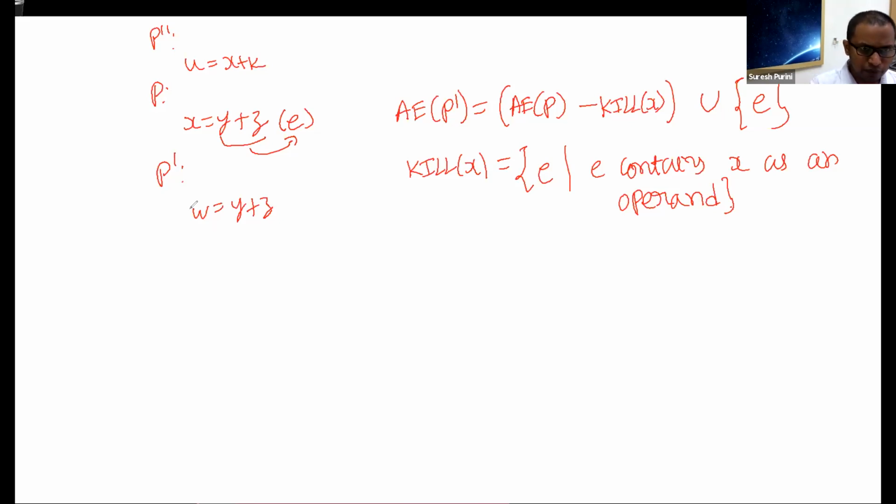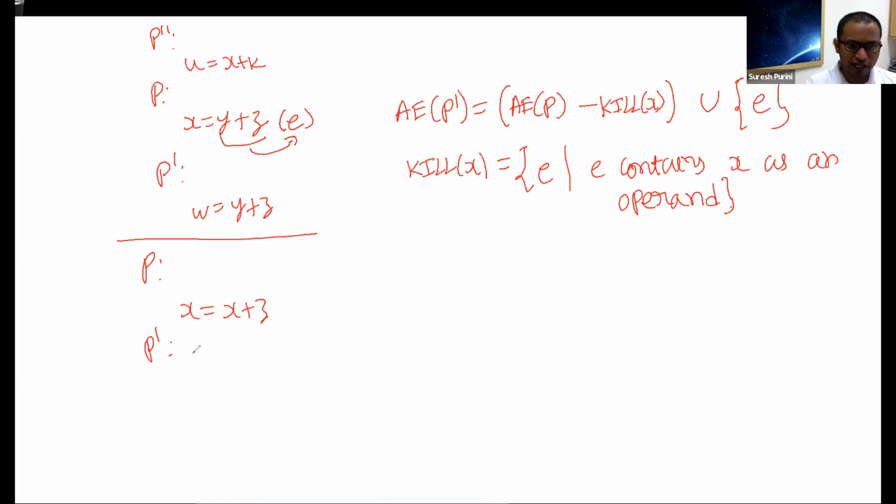So now let's consider another case. In this case, let's say x is equal to x plus z, and this is P prime. If we consider this case, then from the definition of available expressions, you can see that the expression x plus z is not available here because it is computed here, but its operand is getting immediately modified.